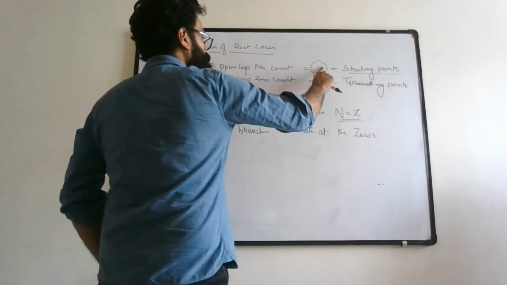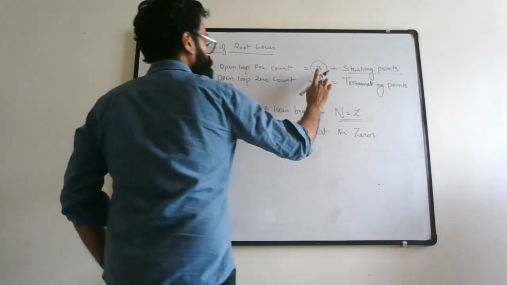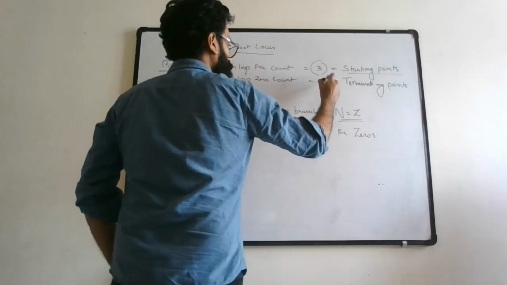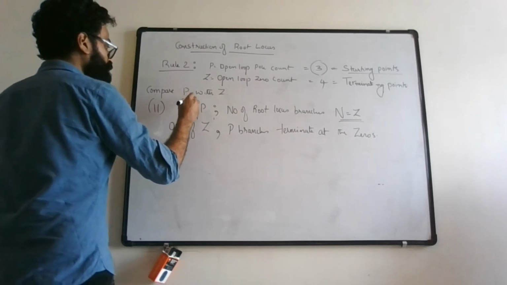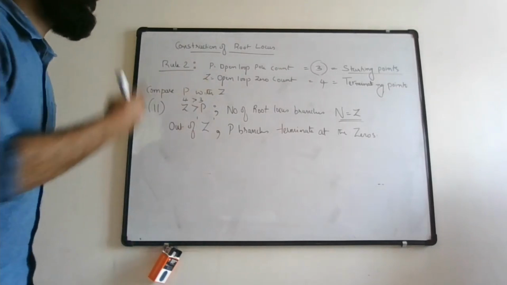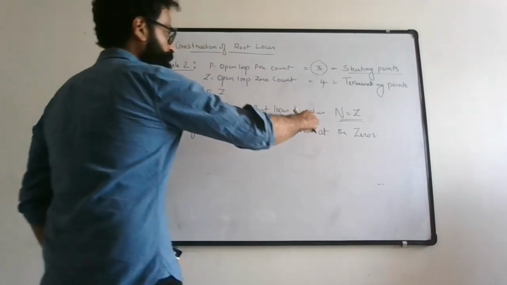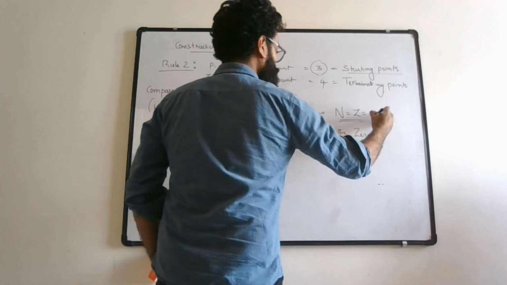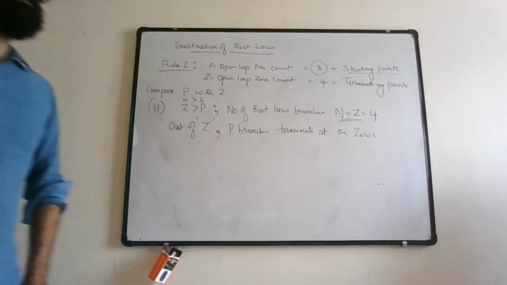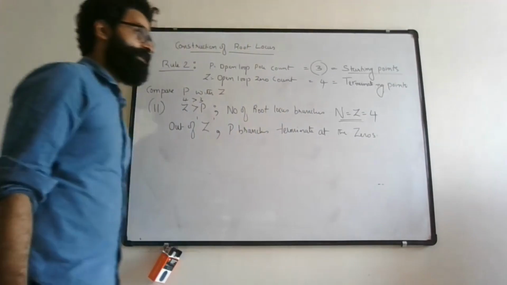Let's say you have open loop pole count as 3 and open loop zero count as 4. Obviously 4 is greater than 3. So when z count is greater than p count, the number of root locus branches is z, that is 4. So this system will have 4 root locus branches.